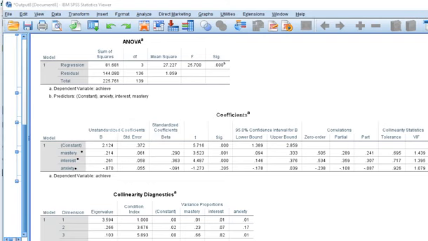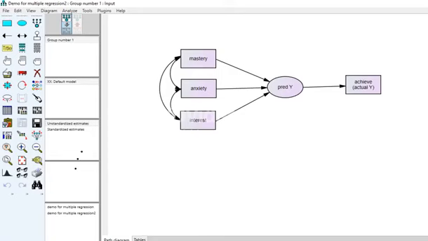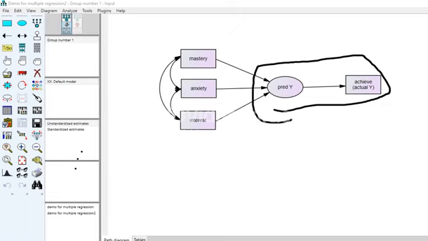So we want to test which of our variables are contributing to the overall association between the predicted scores on Y and our actual scores on Y. And so we essentially are going to test each of these regression coefficients for statistical significance.